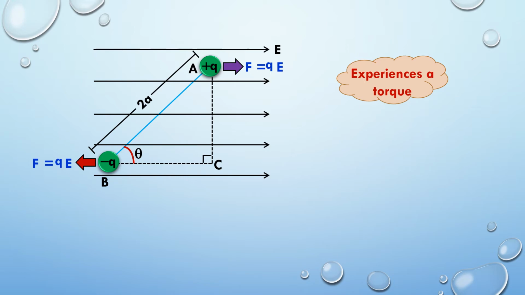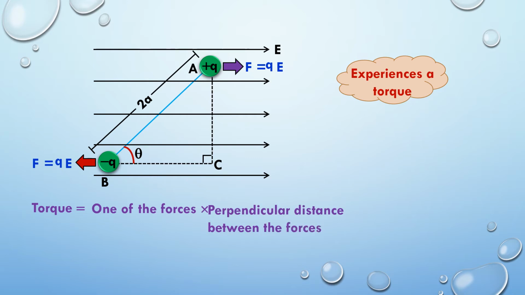Now, since this electric dipole experiences a torque, the definition of torque is given as the magnitude of one of the forces into the perpendicular distance between the two forces, or the perpendicular distance between the lines of action of the two forces. Hence, torque is equal to QE, which is the magnitude of the force, into the perpendicular distance, which is AC.